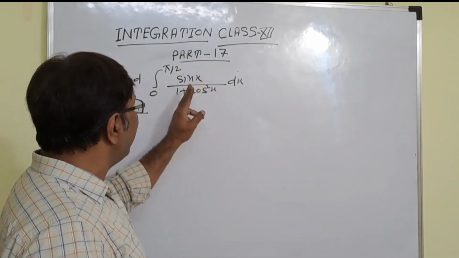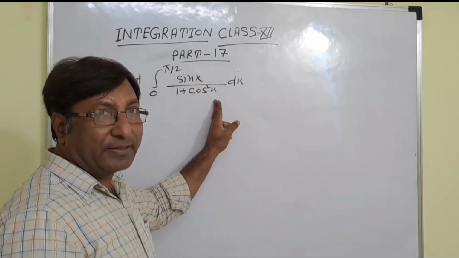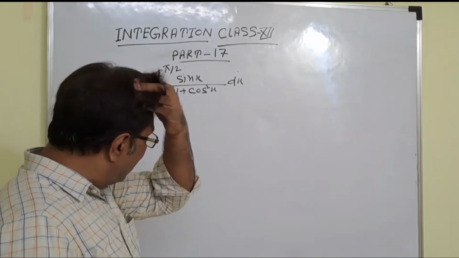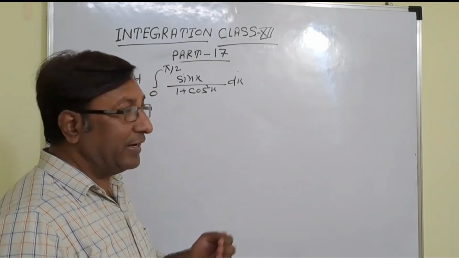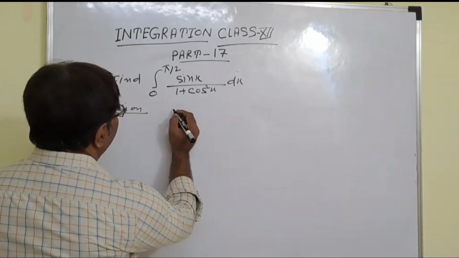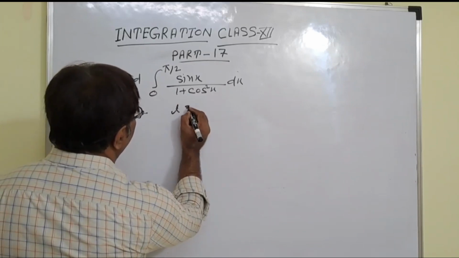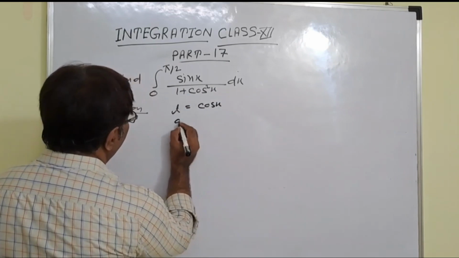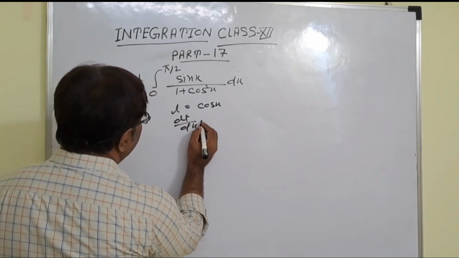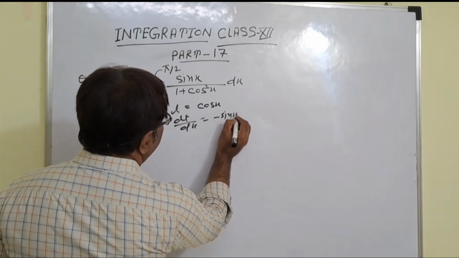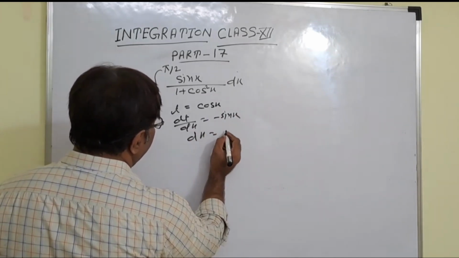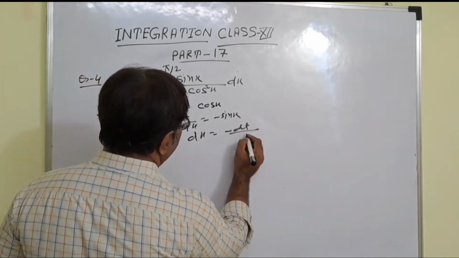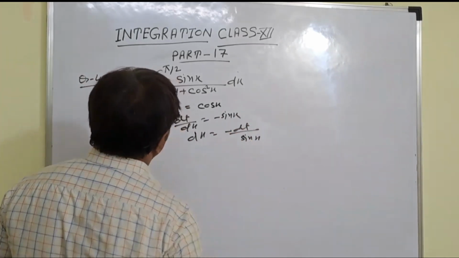Here sin x by 1 plus cos square x, and you know derivative of cos x is minus sin x. So just put here t equal to cos x. So dt upon dx equal to minus sin x. So we can write dx equal to minus dt upon sin x.